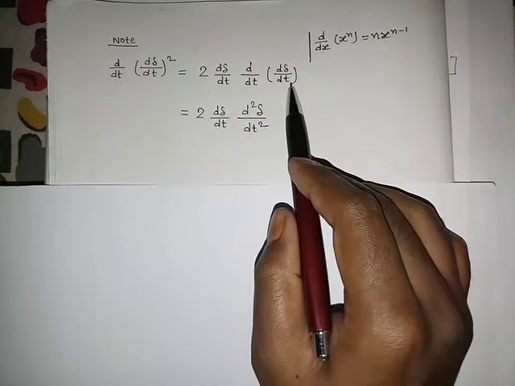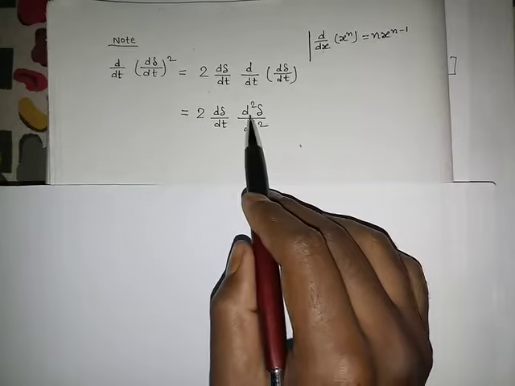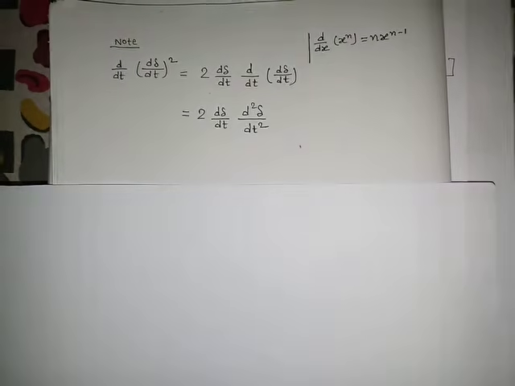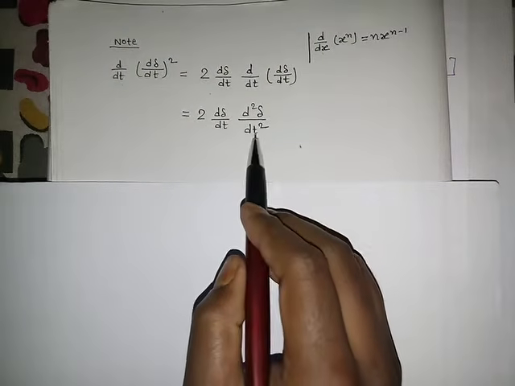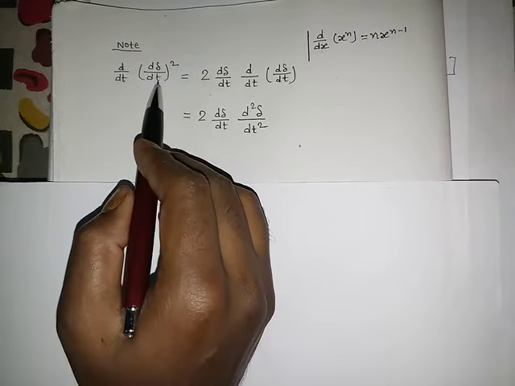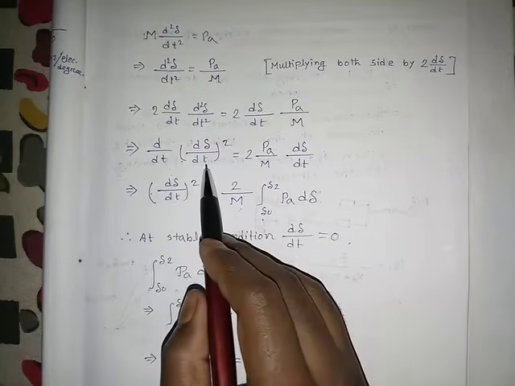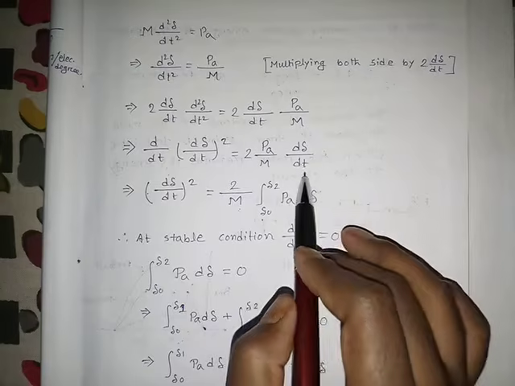So we are taking the derivative again, and we get 2 d del by dt times d square del by dt square. So when we have 2 d del by dt times d square del by dt square, we simply put d by dt of (d del by dt) whole square. Now we put this, and this part will remain the same.